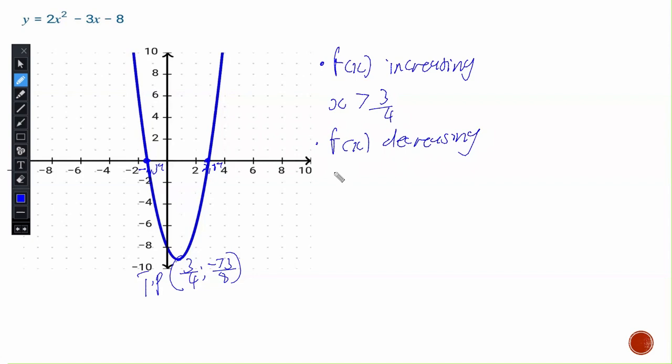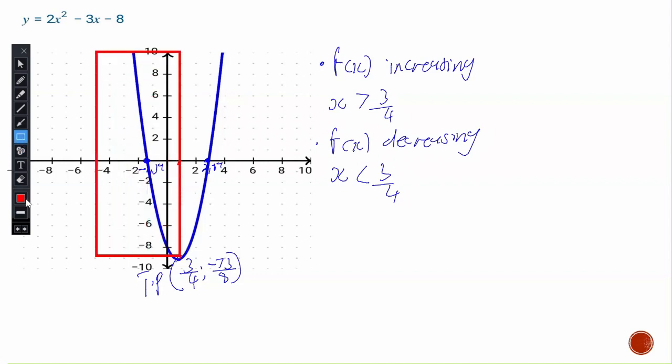Again, we understand f(x) is decreasing when x is less than 3/4 because we simply base it on the axis of symmetry here, right? So this point going in that direction, it's decreasing. And this point going in that direction there, it's increasing.